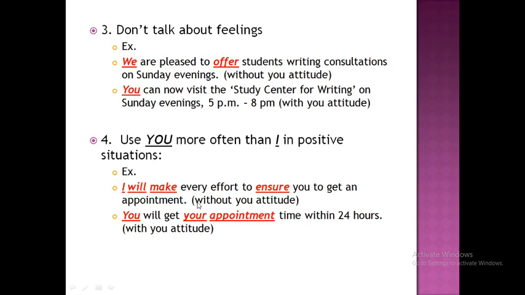But in a different form: "You will get your appointment time within 24 hours." Yes, someone else is responsible to give you the appointment, but here you attitude is mentioned. The value of the writer is hidden somewhere in the background. So this sentence is with you attitude.